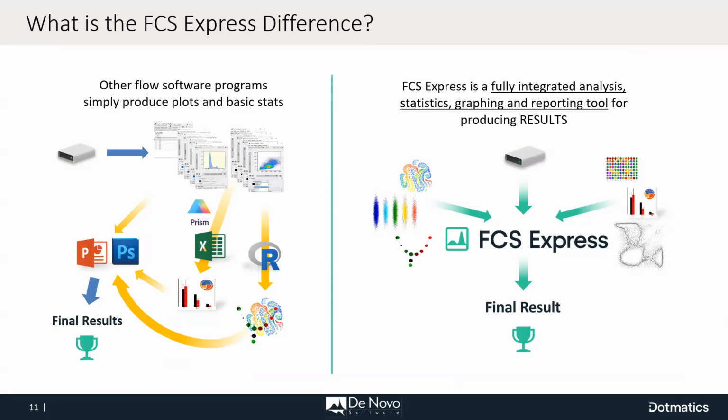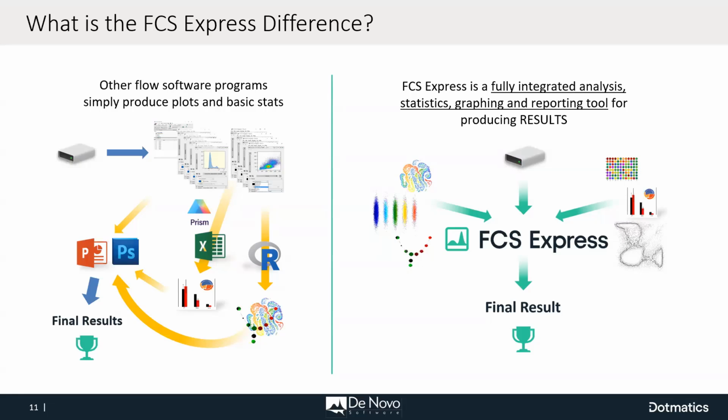So I think, again, one of the big differences when we talk about FCS Express versus other flow cytometry software on the market is that with a lot of other software tools, you're really just getting basic plots and basic statistics that you're then having to copy and paste and move out to Prism and move out to Excel, having to reorder columns and rows of data. You're having to use tools like Photoshop and PowerPoint and R all to get a final result.